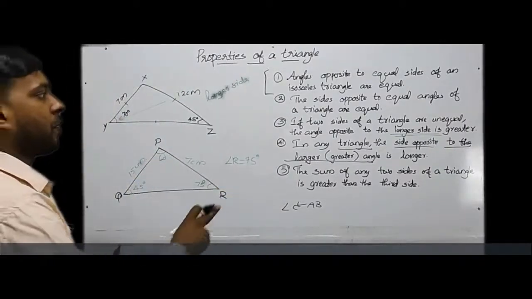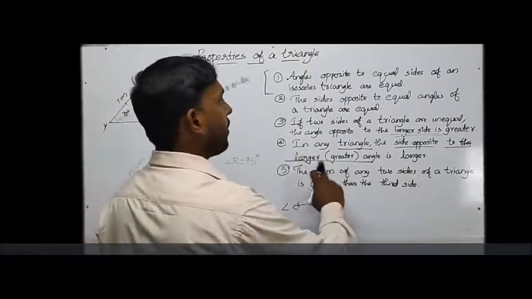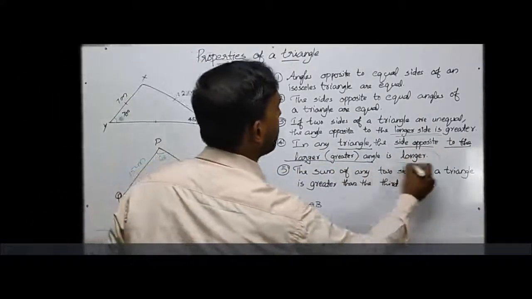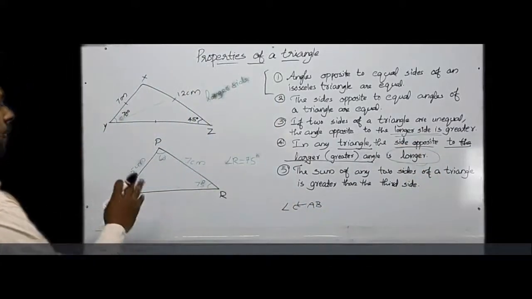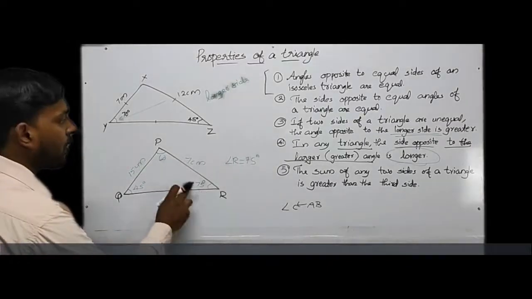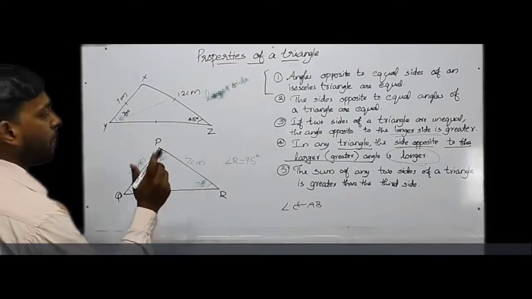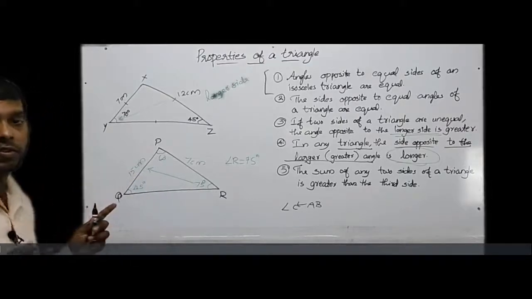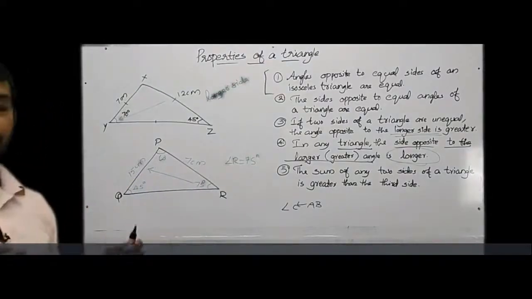Now in any triangle, the side opposite to the larger angle is longer. So looking at the given angles, we can say which side could be the larger side. Since this angle is greater, its opposite side will be the largest side of the triangle.